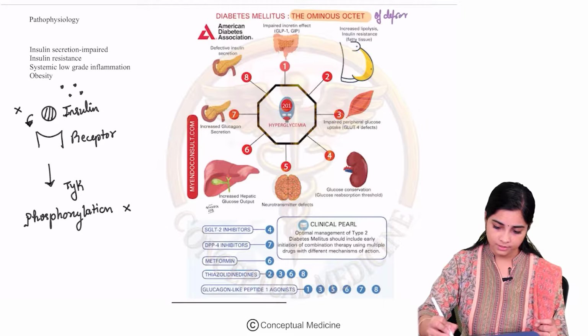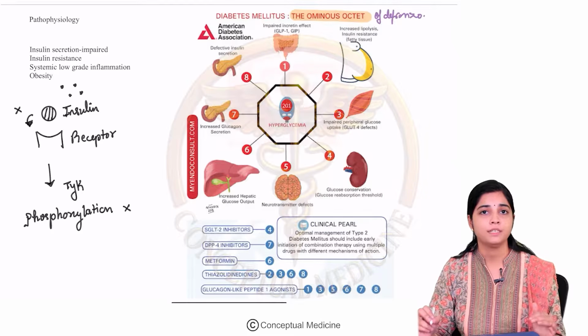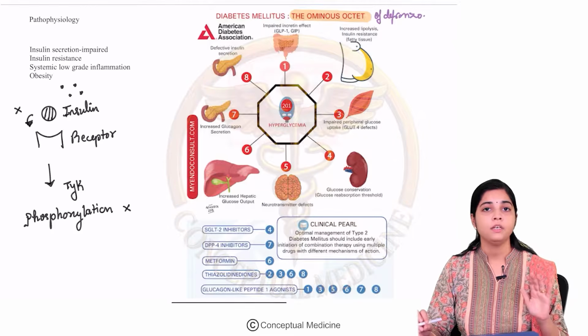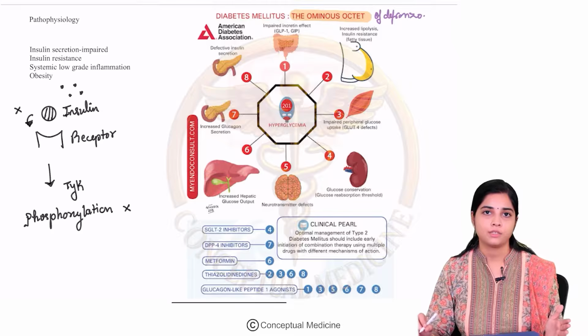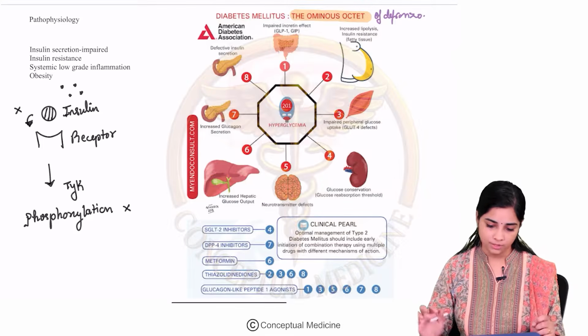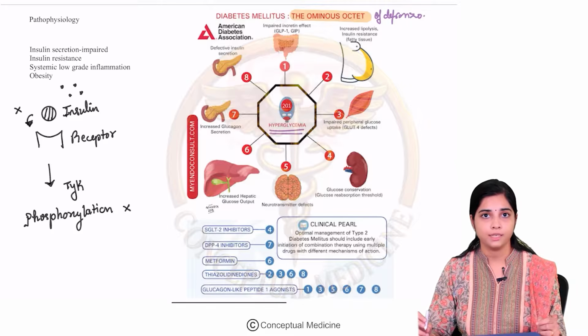The ominous octet of DeFronzo basically refers to the 8 pathophysiological processes which have been defined in the pathogenesis of type 2 DM. So let us look at it one by one. The core problem in type 2 DM is hyperglycemia.